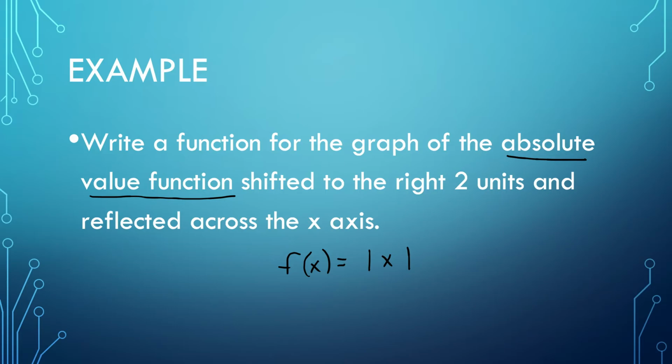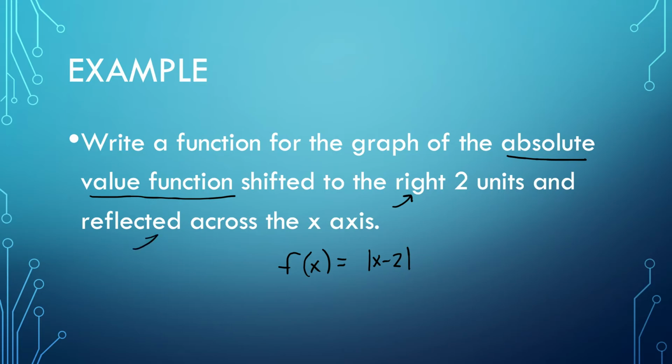Now the first shift that we want to do is to the right 2 units. So remember again, a left-right shift is a replacement. So we erase the x, and in its place we either put x plus a number or x minus a number. Since we want to shift to the right, we're going to do x minus, and our number would be 2.